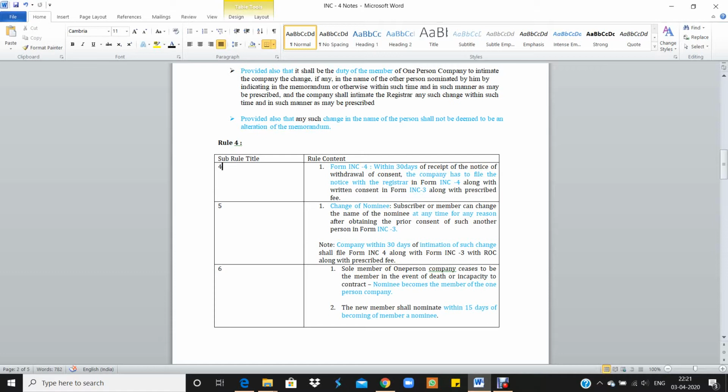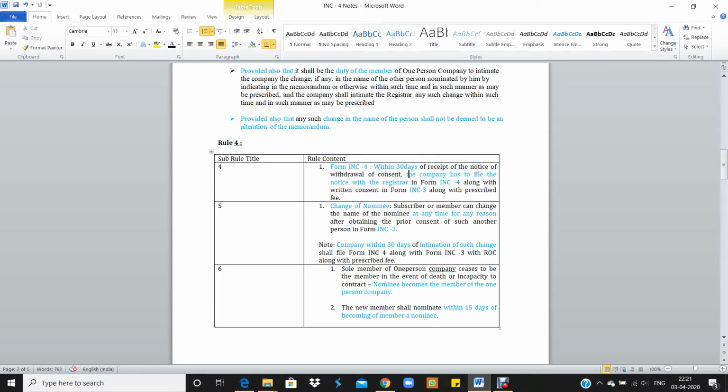So, in order to file INC 4, the company also needs to attach one more form called INC 3. What is INC 3? It's a written consent given by the nominee. So what the subscriber has to do, within 15 days of receipt of the withdrawal consent from the previous nominee, is appoint a new nominee.